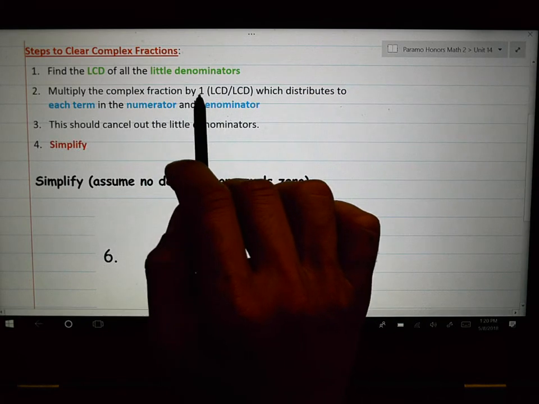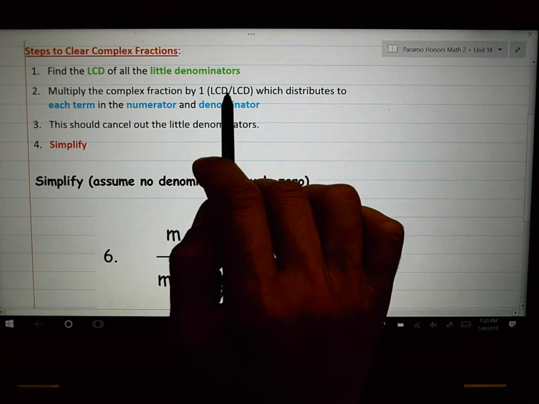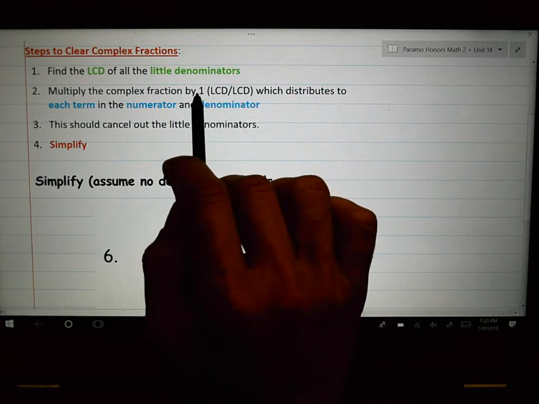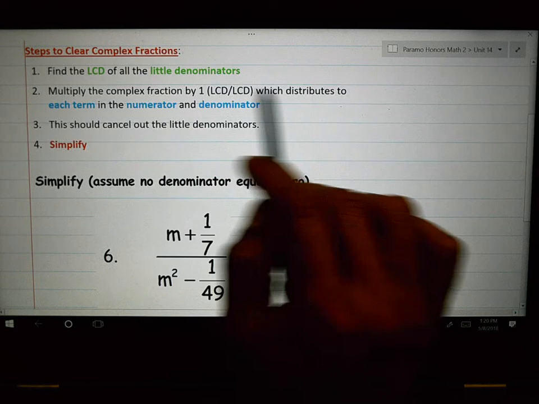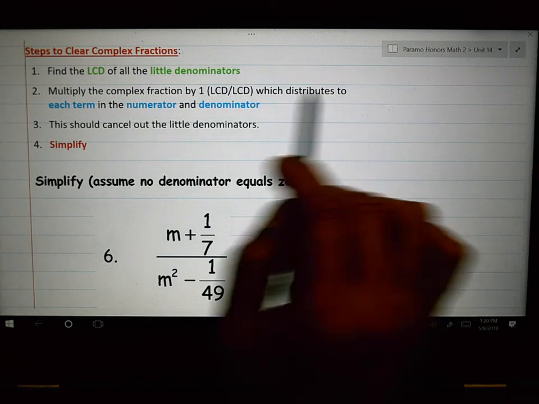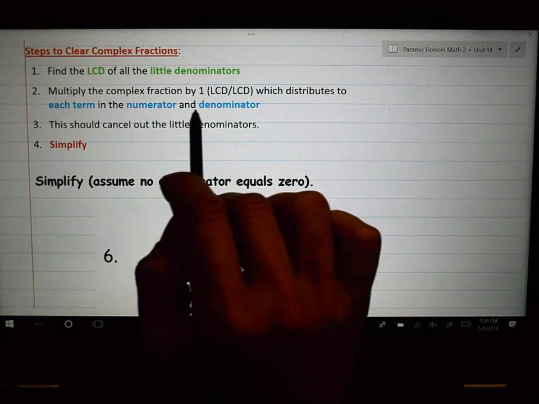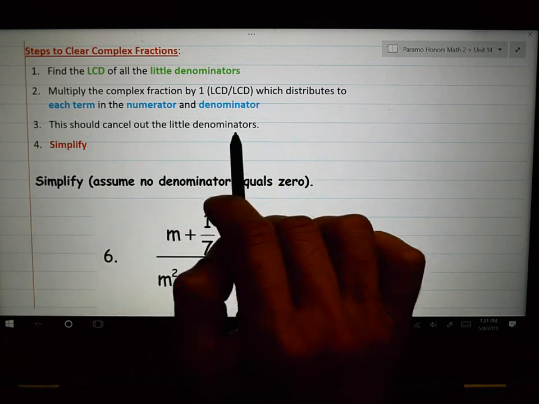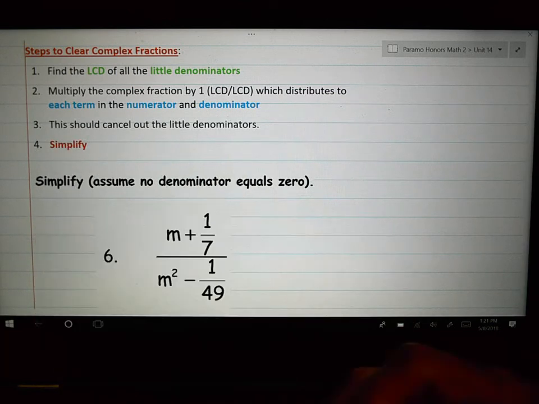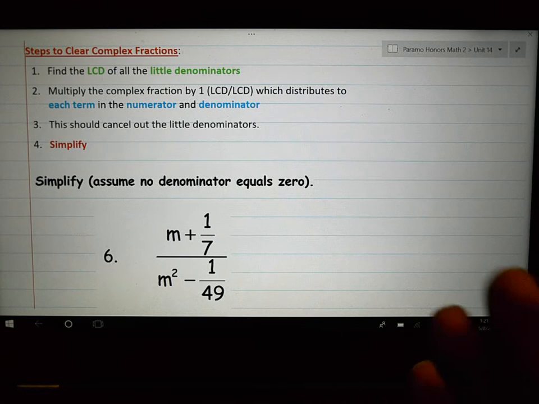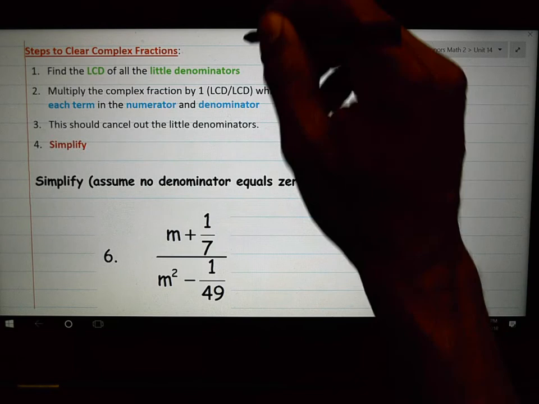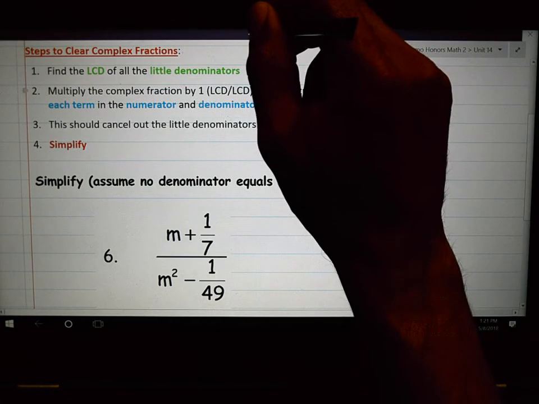And the one that we're going to use is the LCD divided by the LCD, because LCD divided by LCD is technically 1. 1 times anything is itself. And it's going to distribute to each term in the numerator and each term in the denominator. It should cancel out the little denominators, and then you'll be able to simplify the problem like you did in section 1. That's our plan, so let's give that a try.